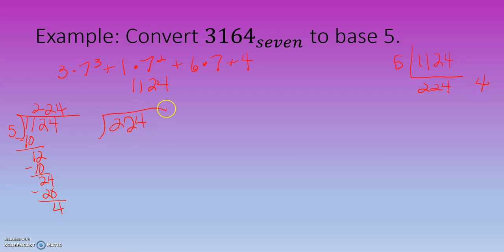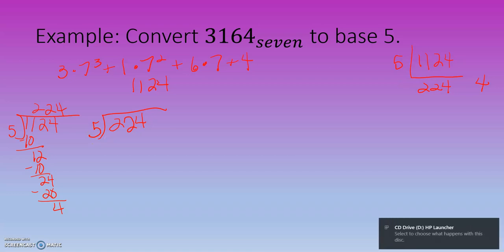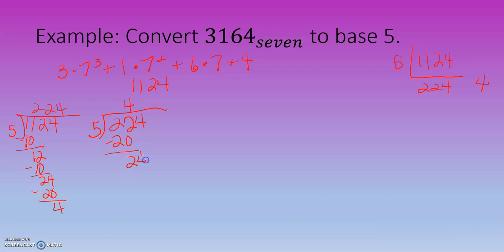Divide again by 5. 224 divided by 5. 5 goes into 22 4 times. 5 goes into 24 4 times. Our quotient is 44 and our remainder is 4.